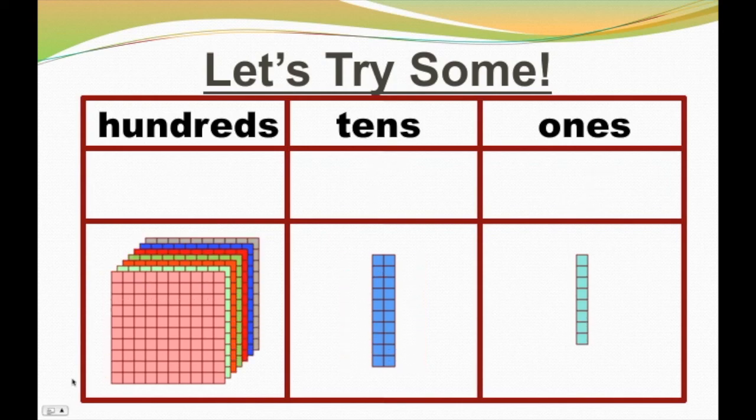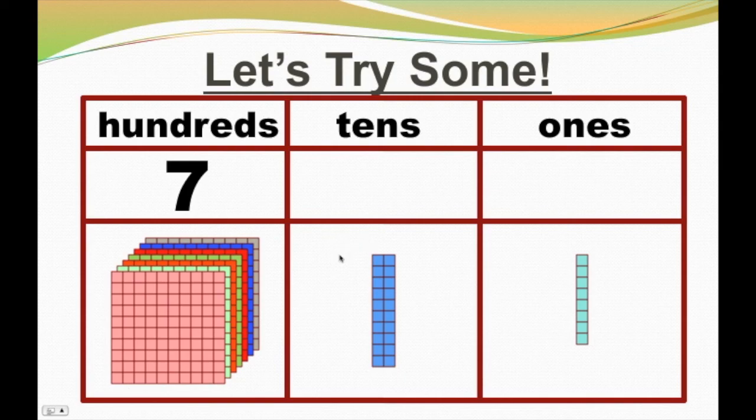Let's try one more. What number do you think these values represent? Well, let's start with the hundreds place. What would I put here? Well, I've got 1, 2, 3, 4, 5, 6, 7 hundreds, so I'll put a 7 in the hundreds place. How about my tens? How many groups of 10 do I have in my tens place?